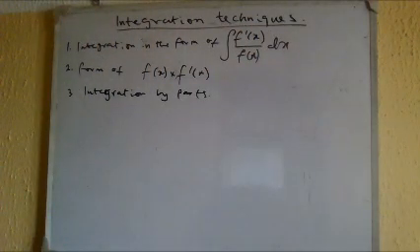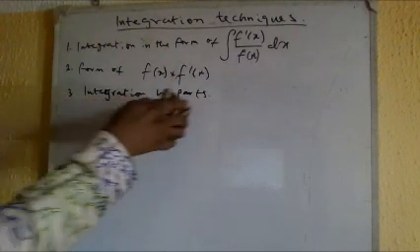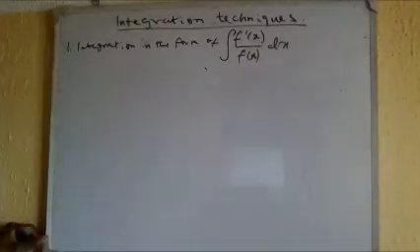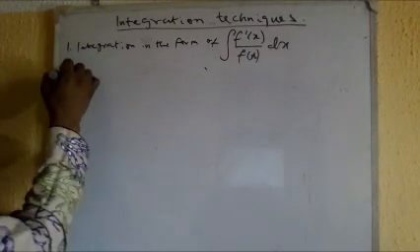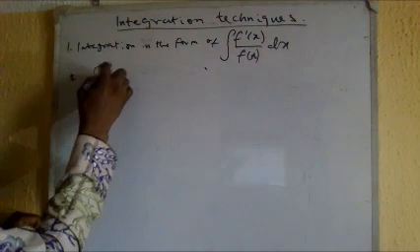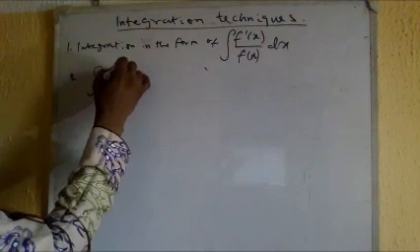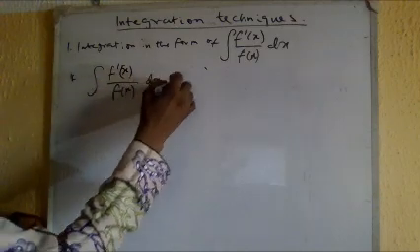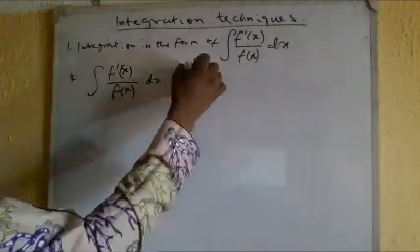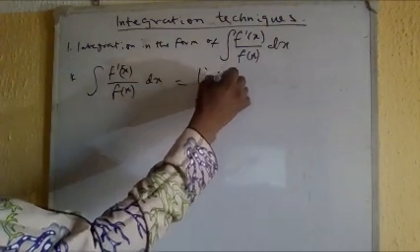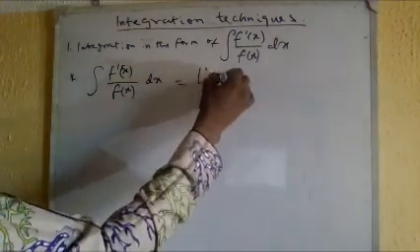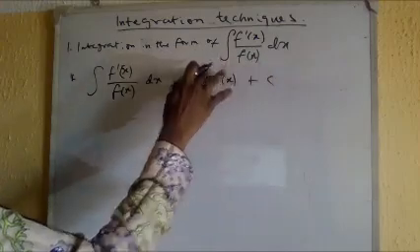For this particular type of differential integration, we just take the ln of the denominator. Very, very simple. So if I have the integral of f prime x over function of x dx, the integral is ln of the function f of x plus c. So just take the ln.